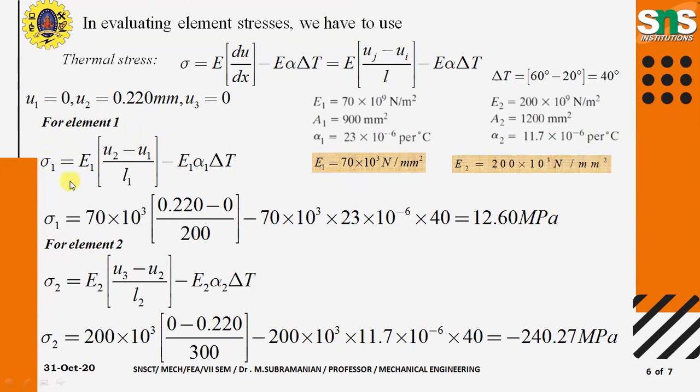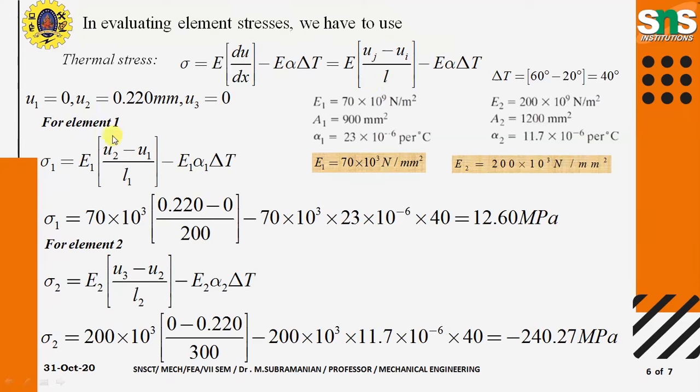For element 1, sigma equals Young's modulus, which is 70 times 10 power 3, times change in length divided by original length. So we consider Uj, the end node displacement, minus Ui, the initial node displacement, divided by L, the length of the element.